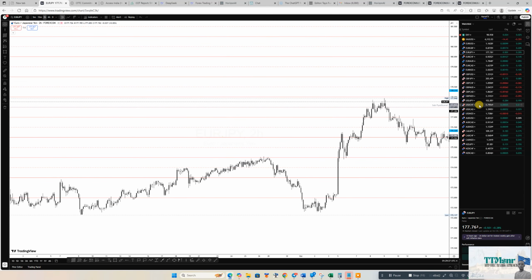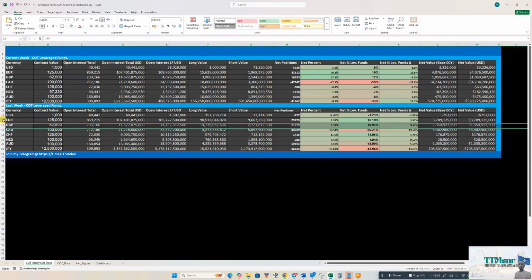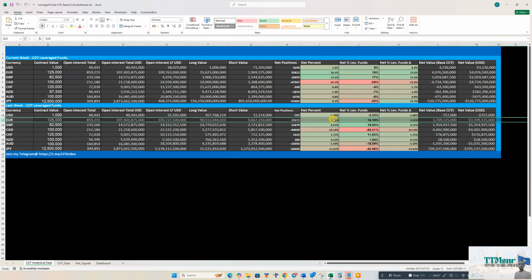This is EUR/JPY. If JPY is negative here and we have Euro positive during this week, together a positive Euro and negative JPY will form a short. Why? Because we are buying the negative and selling the positive.